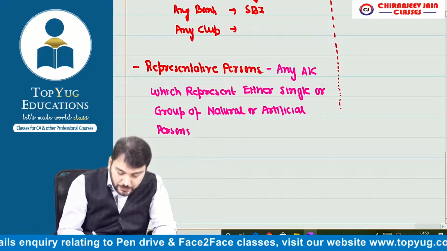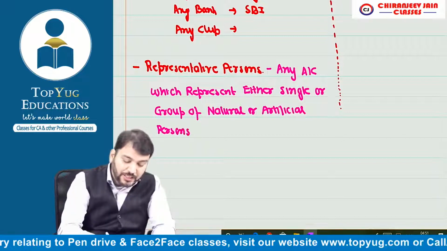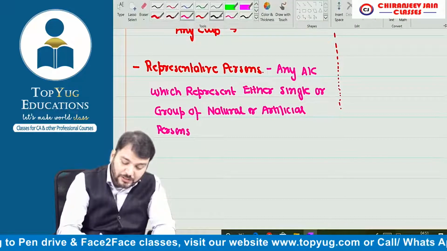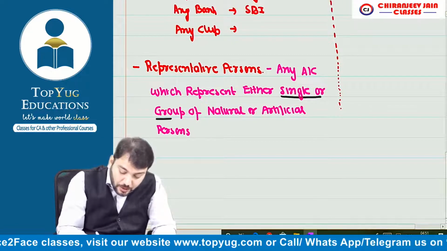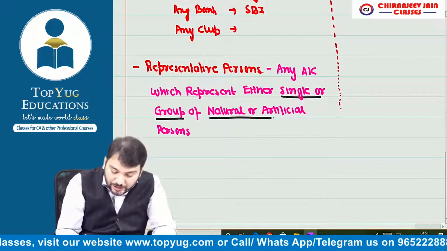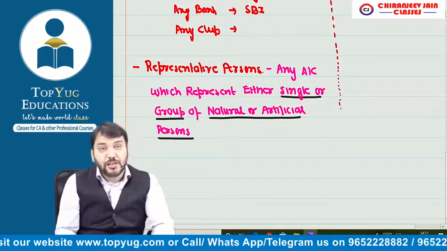Representative personal account, correct, understood. So it can be either single or group of natural or artificial persons.